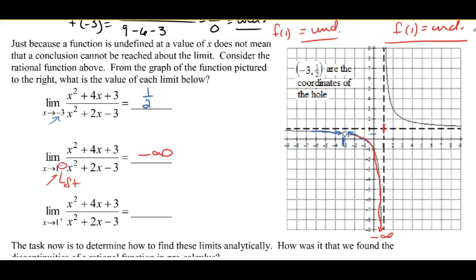What about if I approach 1 from the right? Here's 1 again. As I approach from the right, I approach positive infinity. So I can see here that these limits can exist even if the function is not defined at those points. And we're going to look at 3 different ways to find limits where the functions are not defined.